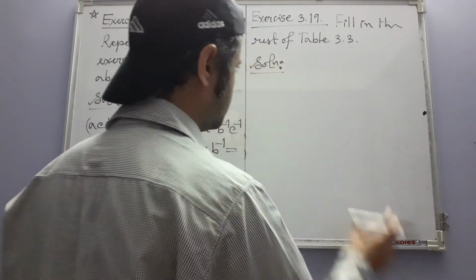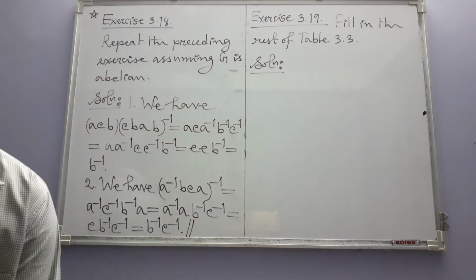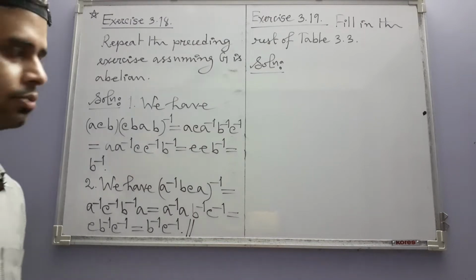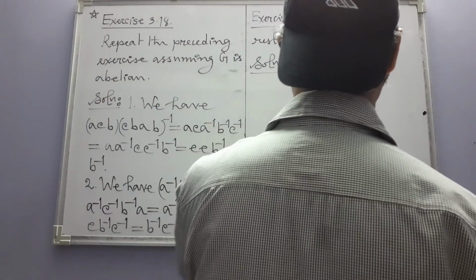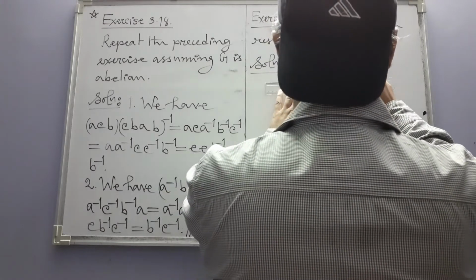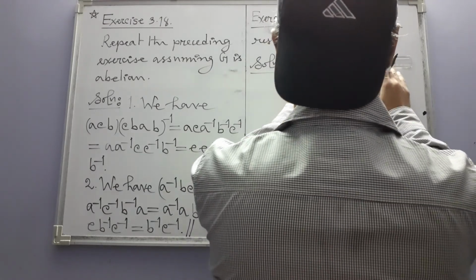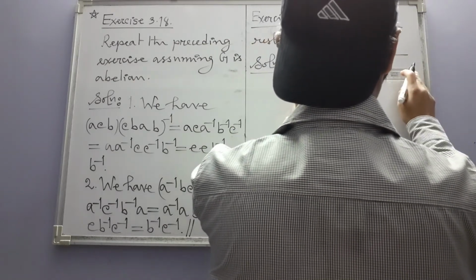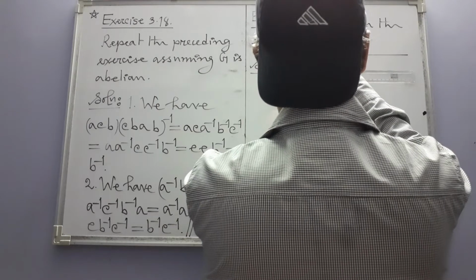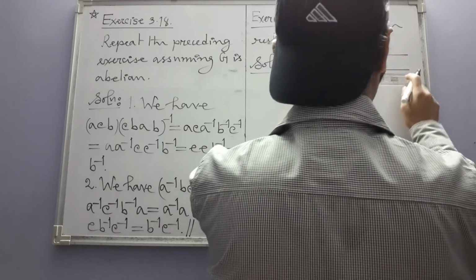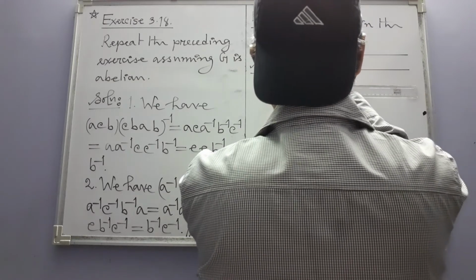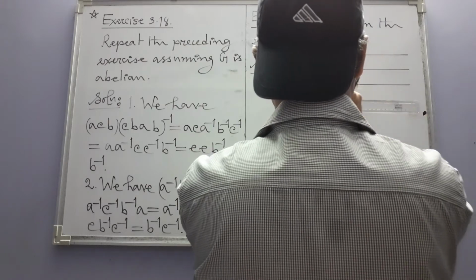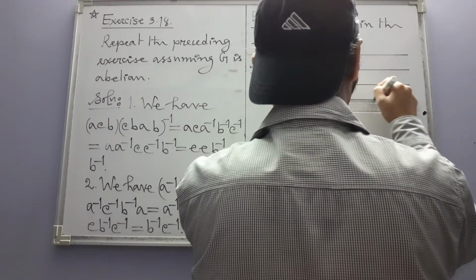So let's first draw the table that is already given. There is some group in which 4 elements are there, and we need to make the table accordingly. Some entries are given in the table, but some cells have been left vacant. We need to fill them in.